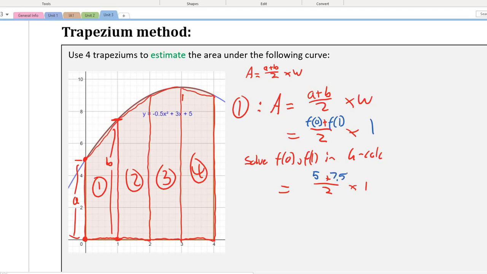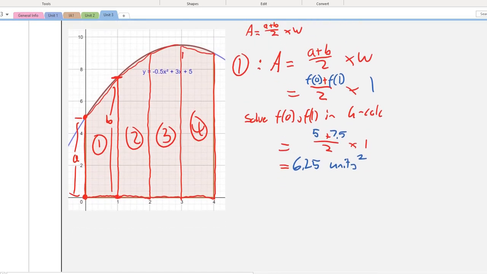So that ends up being 6.25 units squared. Okay, I'm running out of a little bit of room there, guys.